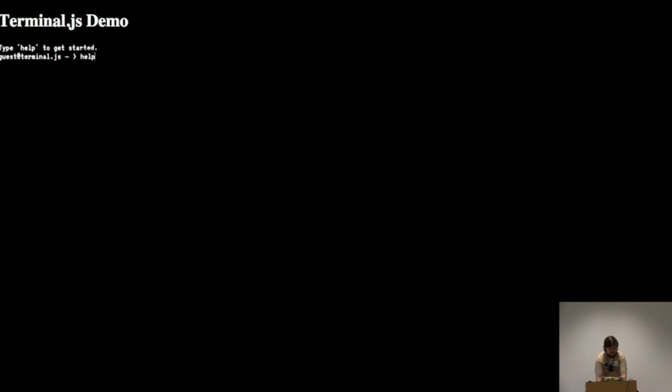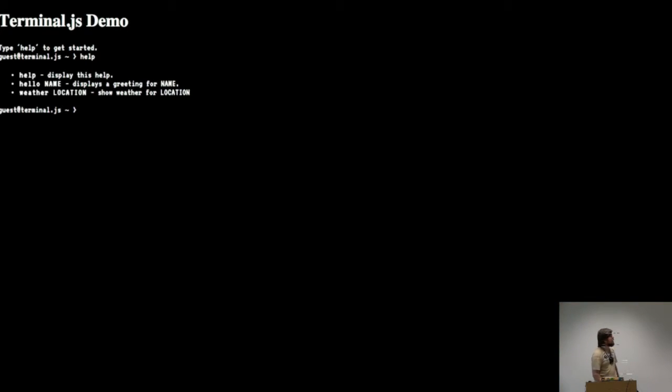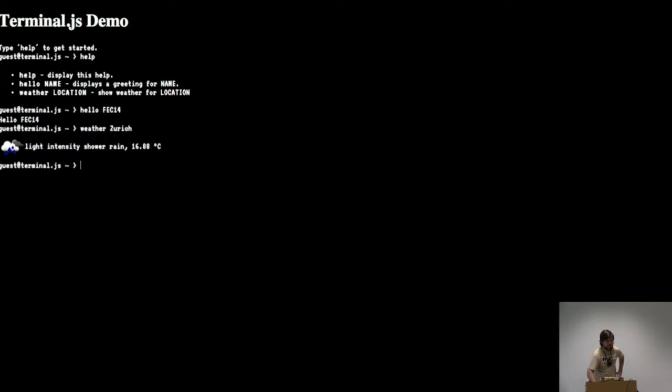And I could do things like help. All right, it allows me to say, hello, Frontend Con 14. Yay. I could say weather Zurich, and now it gets interesting because it goes into the internet. Yay, light intensity. What, really? Oh, boy, no, I don't have a jacket. Anyway, and it's 16 degrees. That has been higher a couple of hours ago.